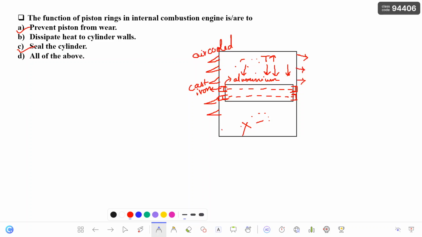This cooling happens through the piston rings, because the piston gets heated, so it transfers the thermal energy through the piston rings to the cylinder walls, so that the thermal energy is dissipated outside through the fins. So the final answer is all of the above.